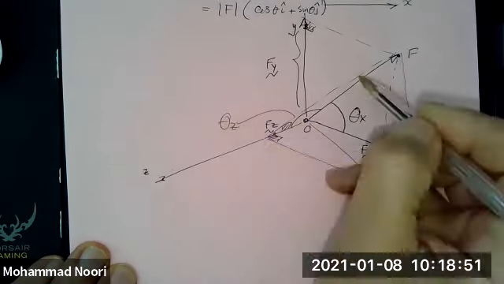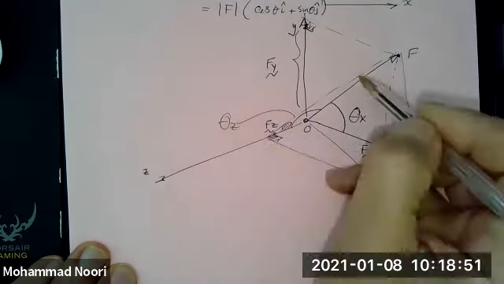So what's the big deal? First of all, knowing from the concept of the resultant that a force is the vector sum of its components, we can simply write F is F sub x plus F sub y plus F sub z vectors.